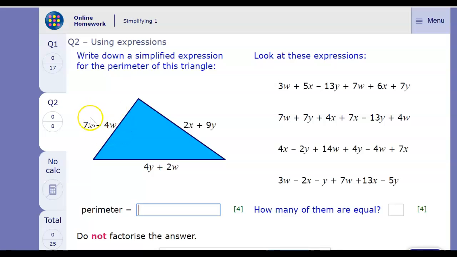It's not just 4w, it's minus 4w, okay, and plus 2w. So if we've got minus 4 plus 2, what's our total? Have to remember your adding and subtracting positive and negative number skills here from earlier in the year. Anyone want to have a guess?